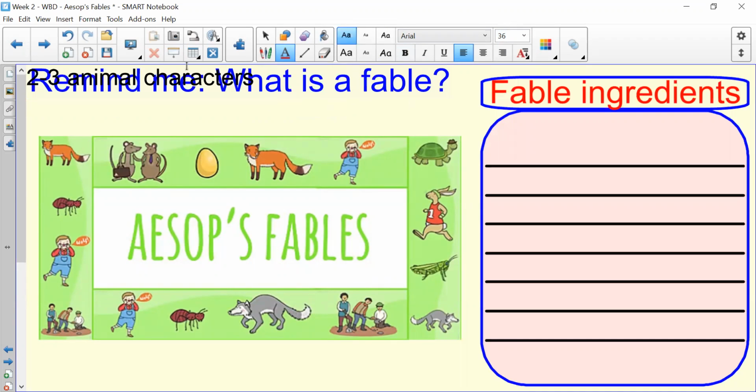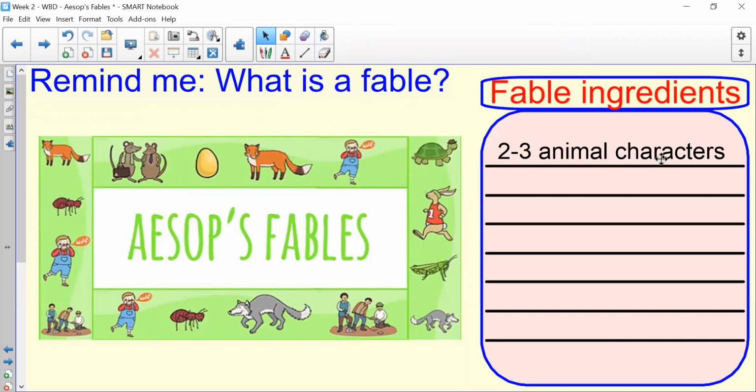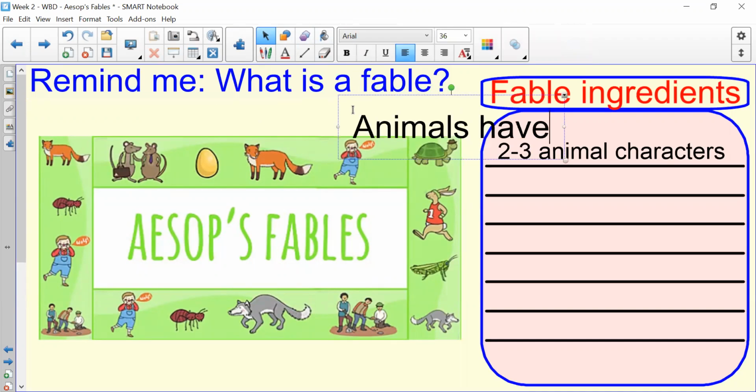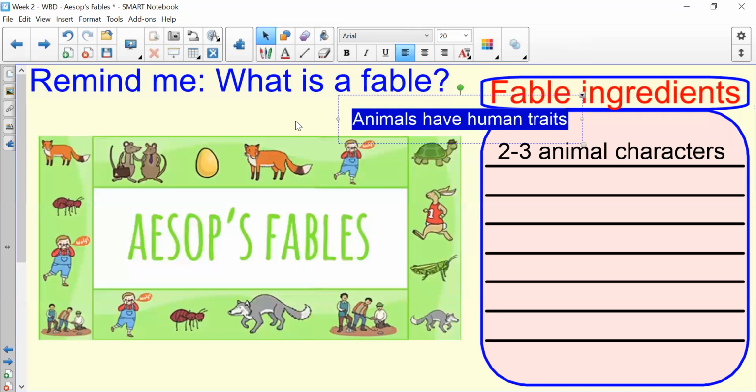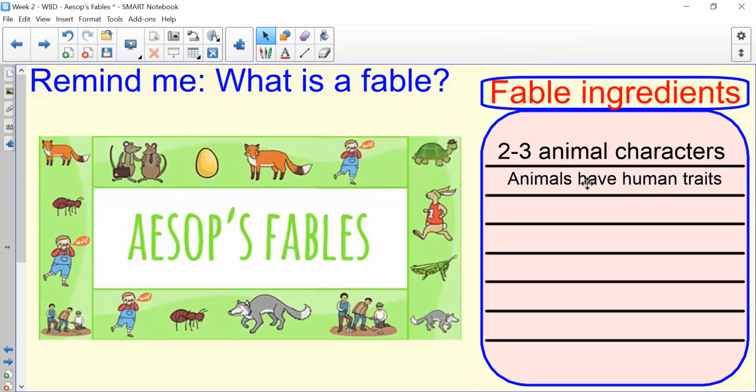What do they have that animals we see in day-to-day life do not have? Fantastic. The animals have human traits, a bit like when we're using personification in our writing. They act like humans, or they talk and maybe have a personality.